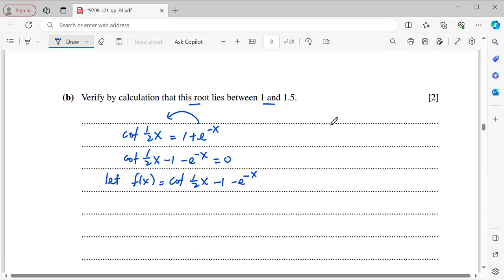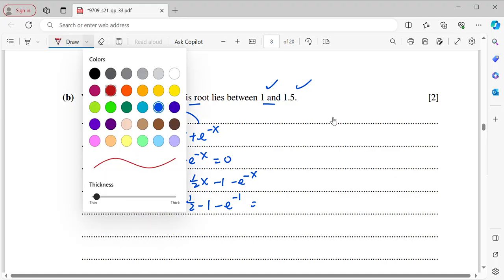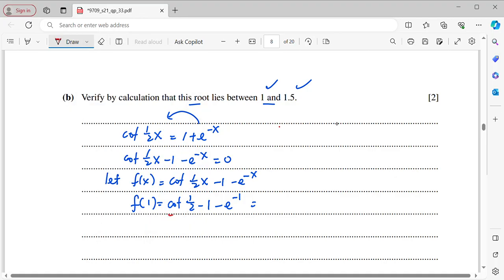And I'm going to apply the sign change rule. So replace the x by 1 and 1.5. Now when you need to count cot half here, make sure you change the mode to radians. Okay, this one is in radians mode.